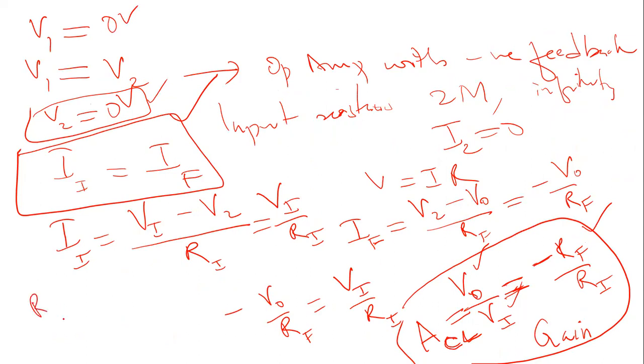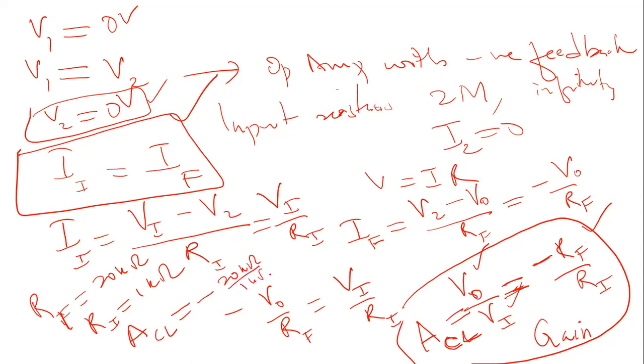So if you choose your feedback resistance to be, for example, 20 kilo ohm, and your input resistance to be 1 kilo ohm, then the closed loop gain of your inverting amplifier will be minus 20 kilo ohm upon 1 kilo ohm. Kilo ohm and kilo ohm cancel out, and then your gain will become minus 20.